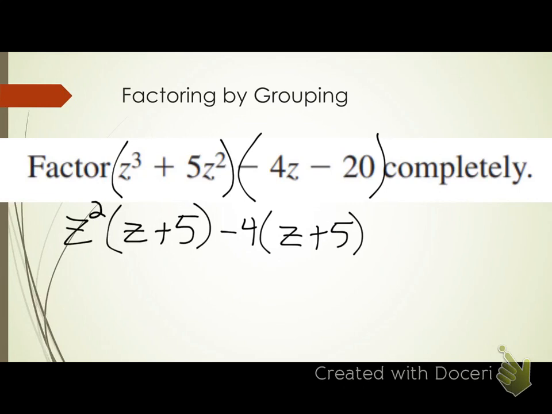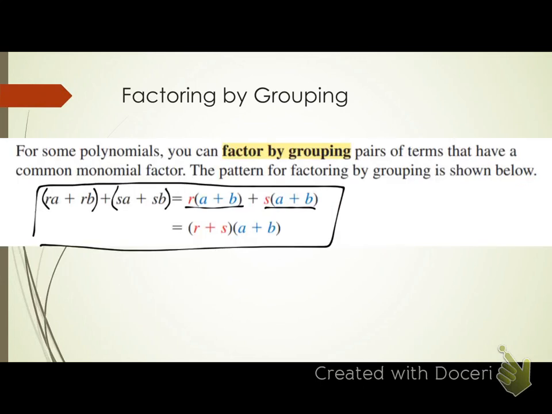When I'm factoring by grouping, I want my two sets of parentheses to be the same after I factor out my GCF. Is that the case here? Okay, so the thing that they have in parentheses is one of my factors. So I'm going to bring that down. Do you guys remember what the other factor is, based on our pattern here?